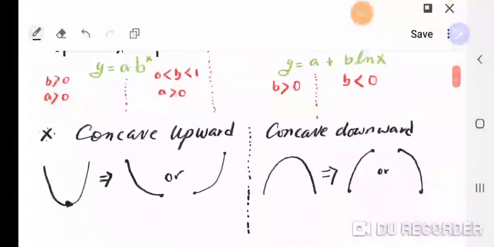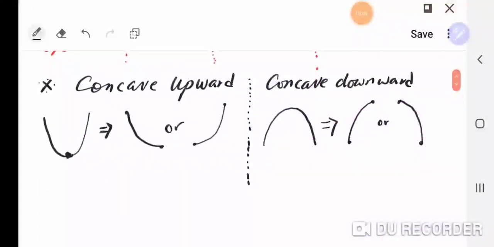So actually we may think of this one, concave upward. If the graph is concave upward, then it looks like the first one. If the graph looks like the second one, then this graph is concave downward. So based on the vertex, on the left side, if it's decreasing like this, then it's concave upward.